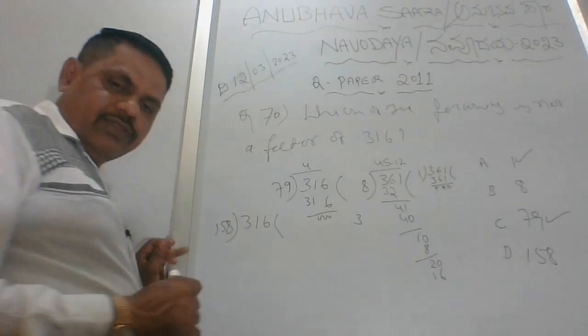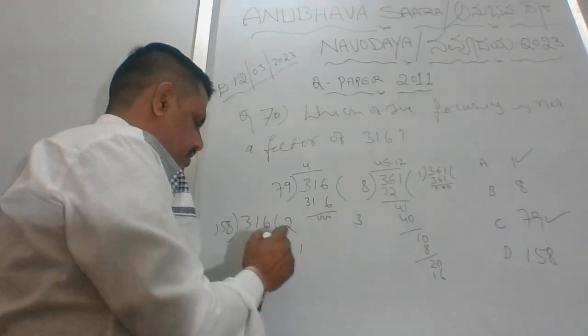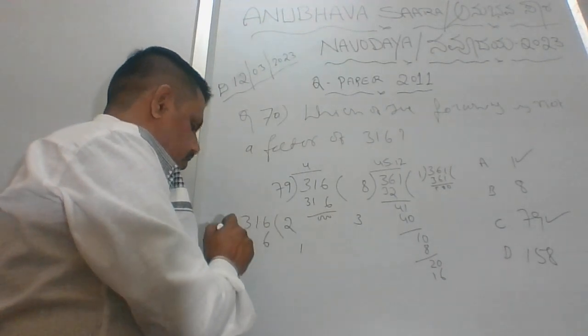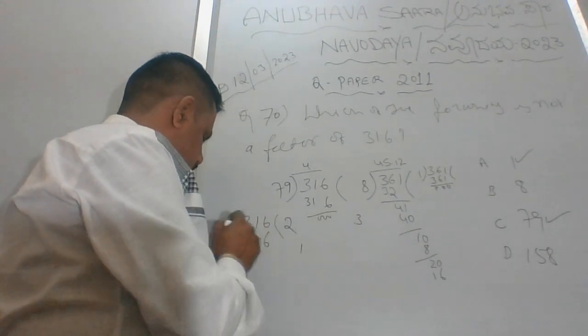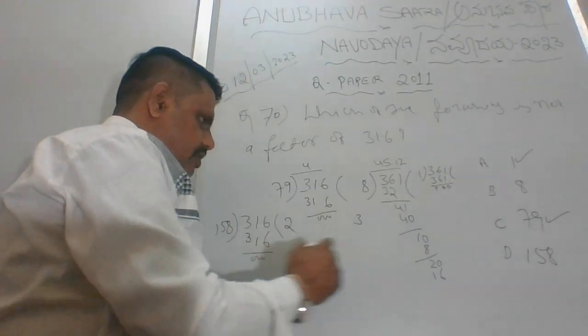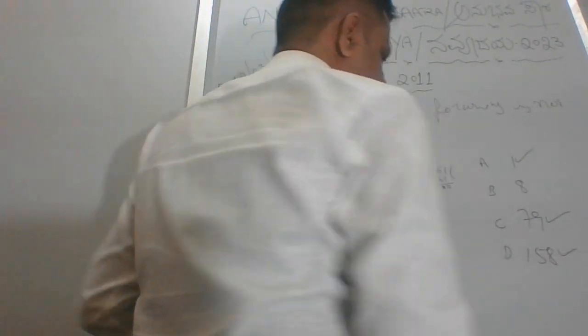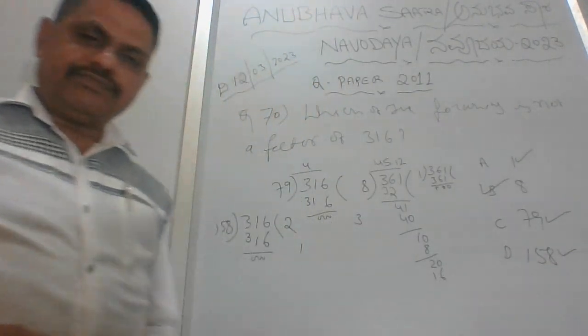Okay, let's try with 2. 2 is possible. 2 8s are 16. 2 5s are 10 plus 1, 11. Remainder 1. 2 1s are 2, 1, 3. So this is also a factor. That means B is the right answer.